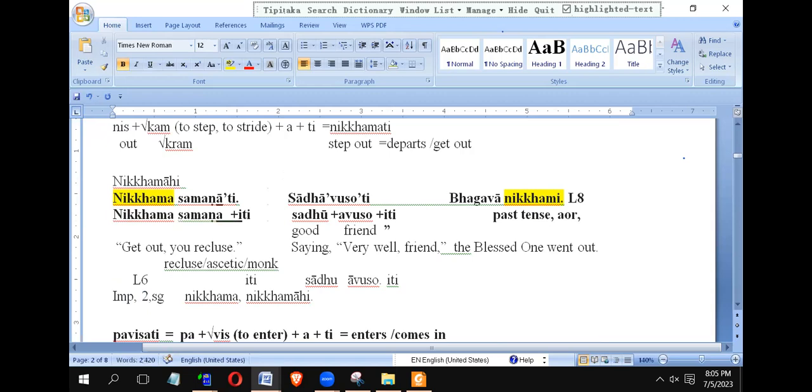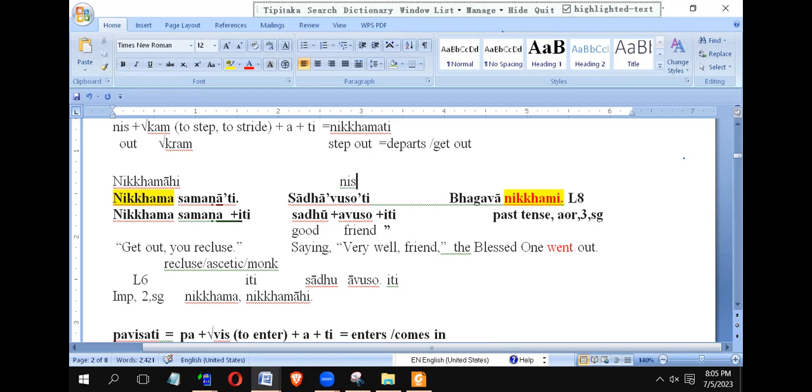So yes, third person singular. The Blessed One went out, right? So the person went out. This one, the root is nis plus kam, come.